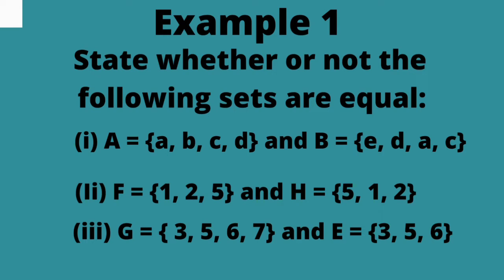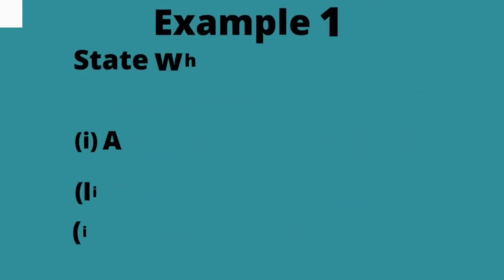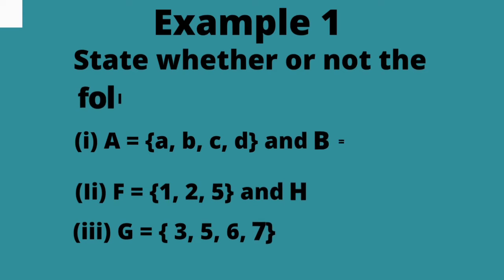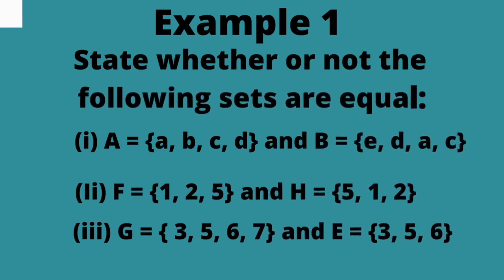Now, let's look at these three examples and observe closely. In Roman figure 2, the elements in set F are 1, 2, and 5, and the elements in set H in that same Roman figure 2 are 5, 1, and 2. What does this mean?